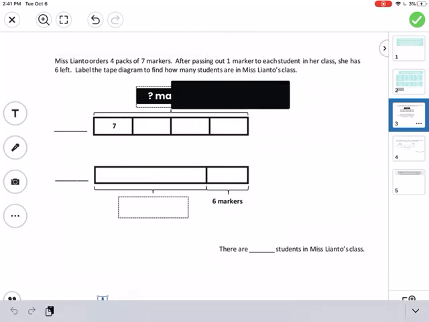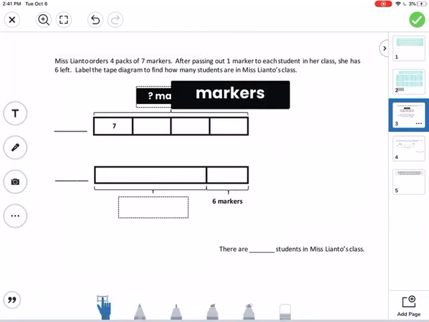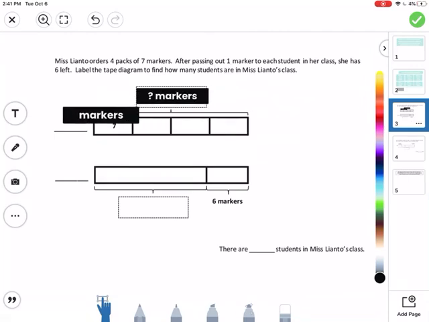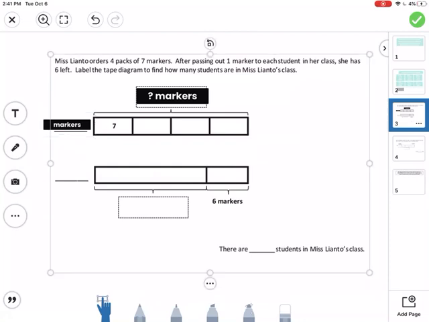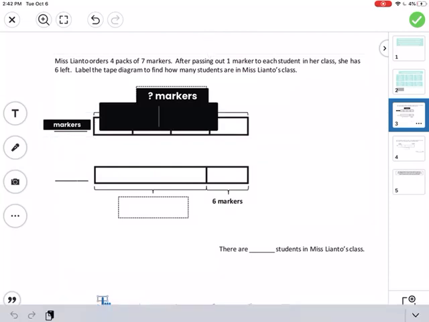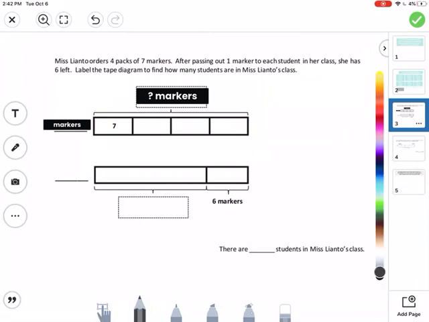Over here, markers. All right, so we have 4 packs. Oh, that's not what we want. We have 4 packs. We have 1 pack here, 2 packs, 3 packs, 4 packs with 7 markers in each.